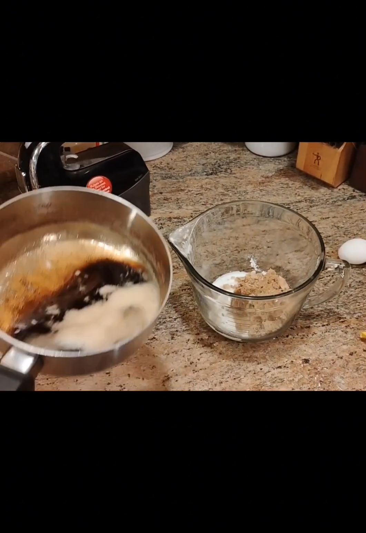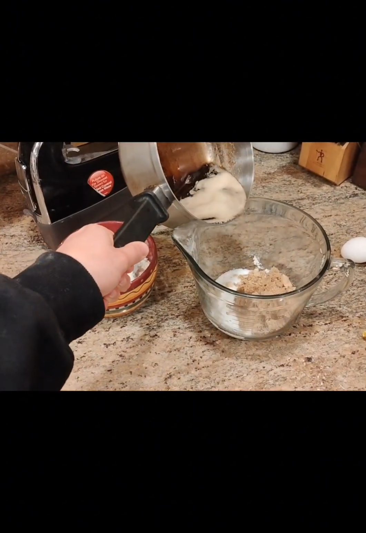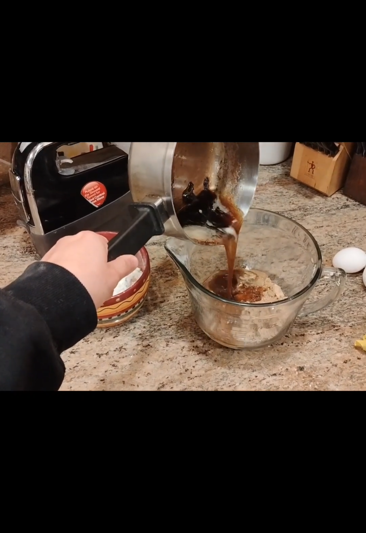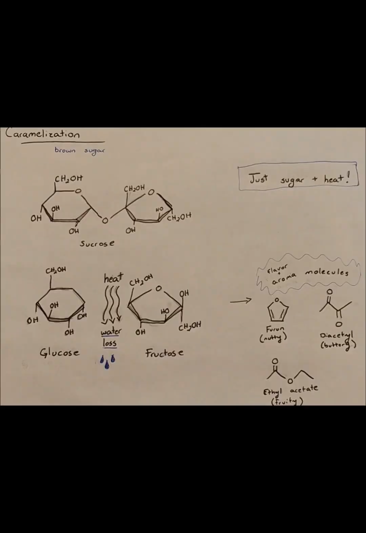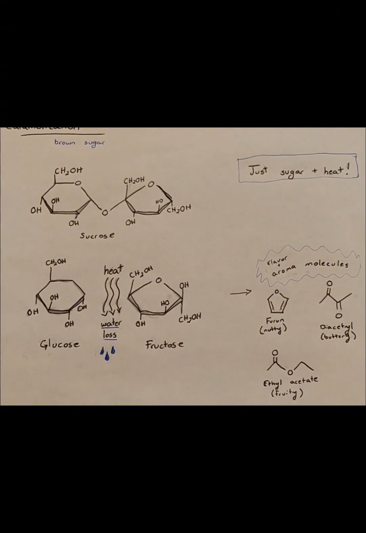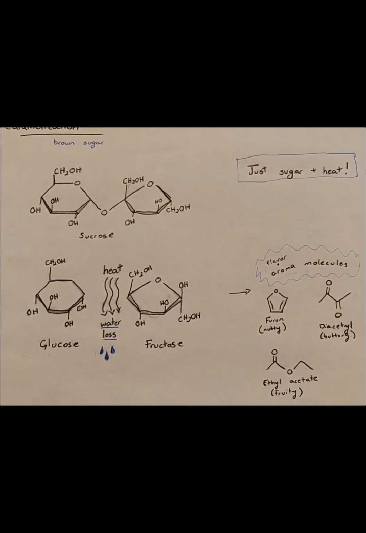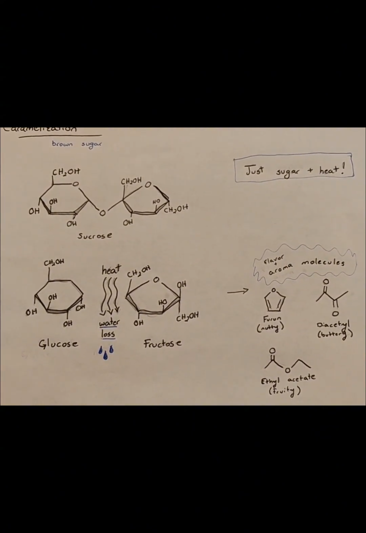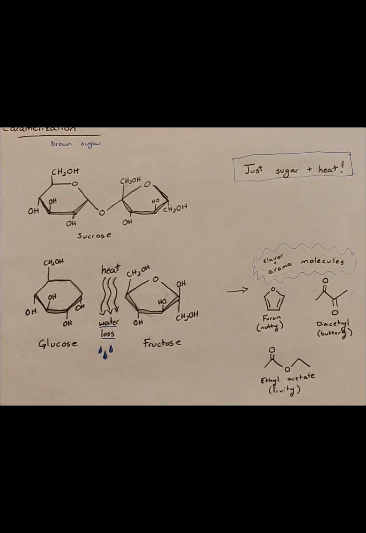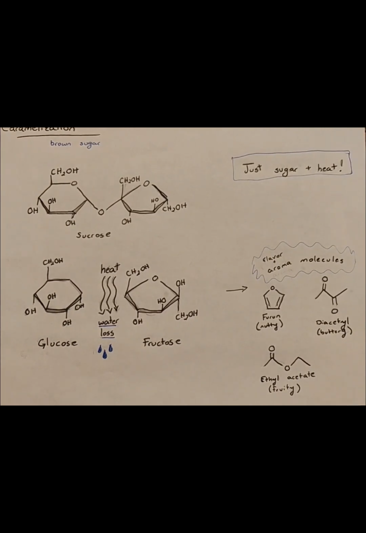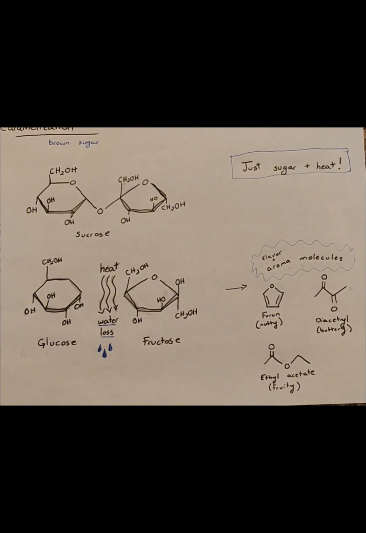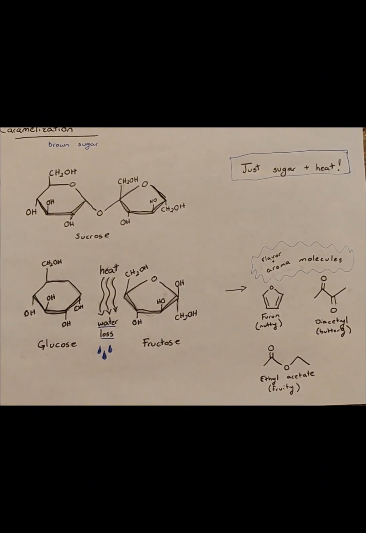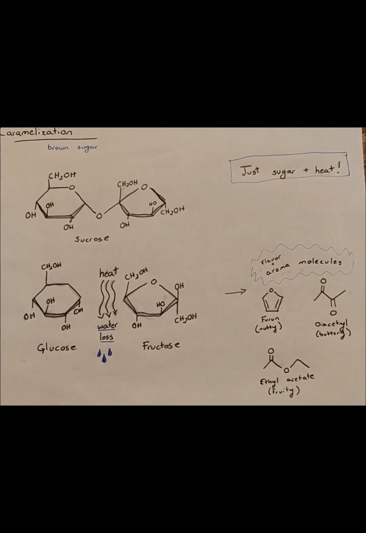As we add the butter to our wet mixture, the sugars and the vanilla extract, I think it's a good time to go over caramelization because there was brown sugar within those sugars, and that is table sugar, sucrose, added to heat and broken down into smaller, more simple sugars like glucose and fructose, as well as those carbonyl groups breaking off and becoming flavor and aroma molecules.